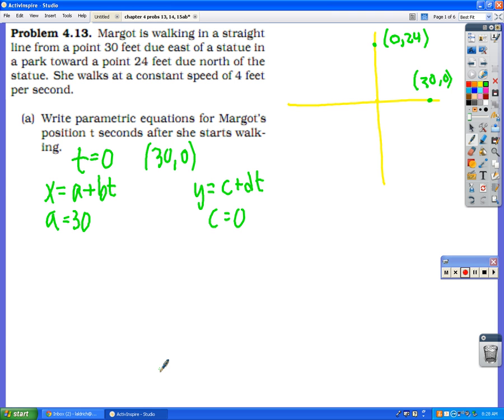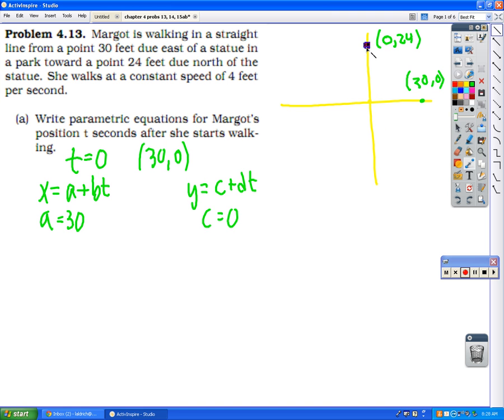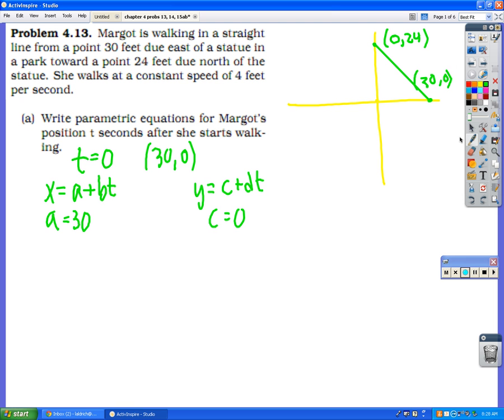Find the distance. We need to find out how far she walked from here to here. So this is a right triangle with one leg of 30 and another leg of 24. So the distance is going to equal the square root of 30 squared plus 24 squared, which is 38 point what? 38.42.